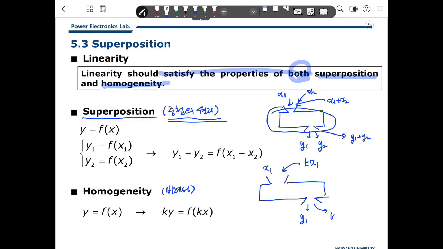Then the result is ky1. Then we can say this box satisfies the homogeneity. That is the homogeneity characteristic of here. So a linear system will satisfy both the properties here. This is a very important and very good characteristic here.